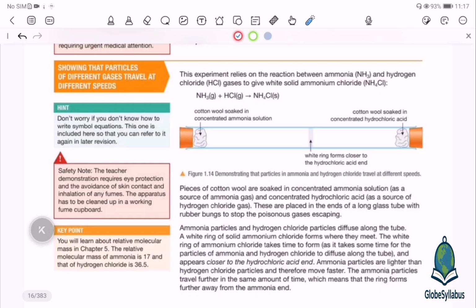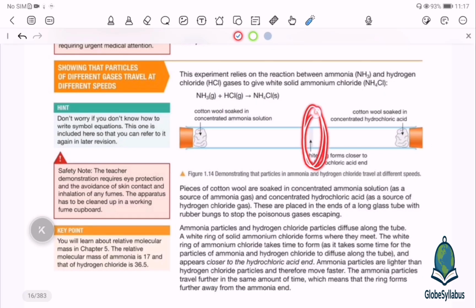This cotton we soak with ammonia. This cotton we soak with hydrochloric acid, and we will observe. A ring forms closer to the hydrochloric acid. This ring is called ammonium chloride. This is the name of the ring.